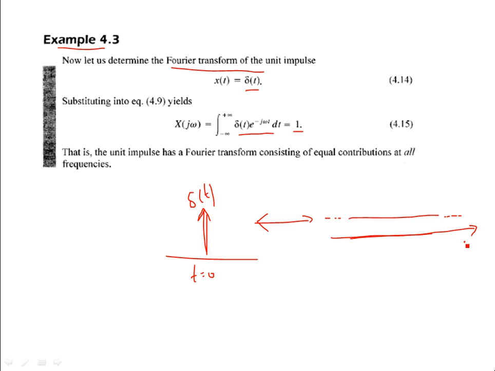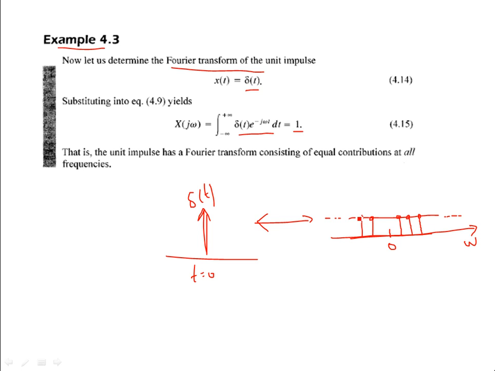So this thing continues over the frequency axis on either side. This means that if I take samples on either side, say ω0, 2ω0, 3ω0, all the frequencies are contributing the same power. I mean, all the frequencies have the same magnitude.